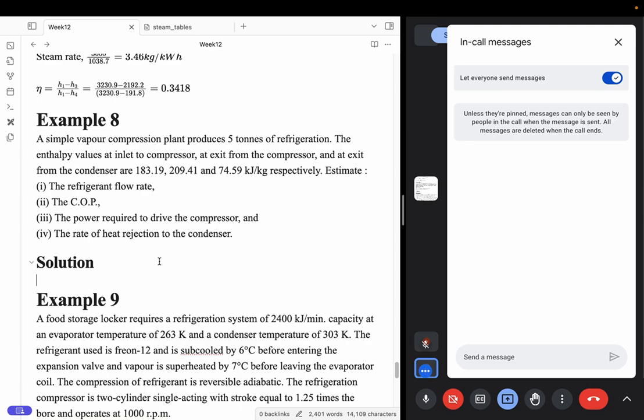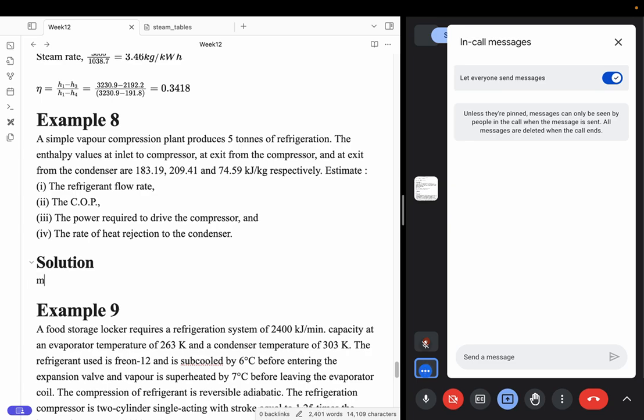First, let's write down the information that is already given to us. The total heat load is given as 5 tons. If you convert it into kilowatt, that will be 5 into 1 ton is 14,000, so that will give me around 70,000 kilojoule per hour.